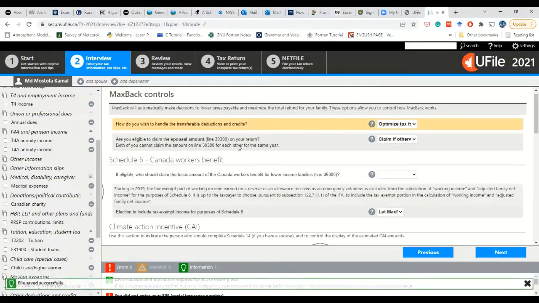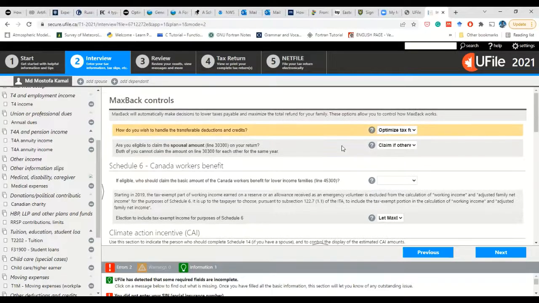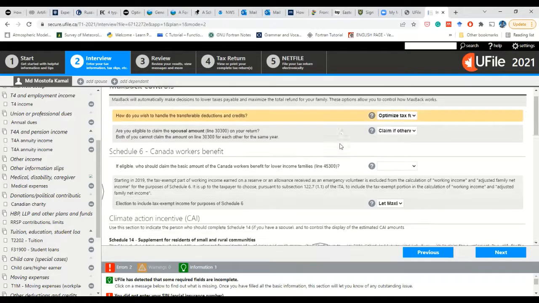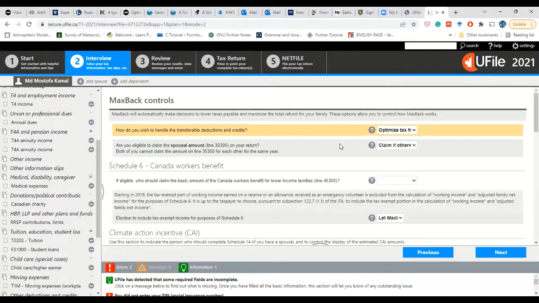Okay, and then this is important: this section is where you can optimize your tax return. Sometimes you do not know how you will get the maximum benefit, but the software knows how. The software will automatically try to give you the maximum return, so that is why there are some options.